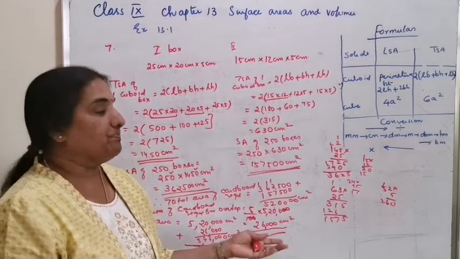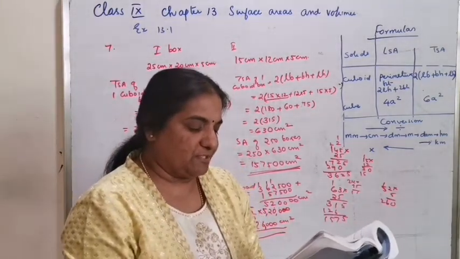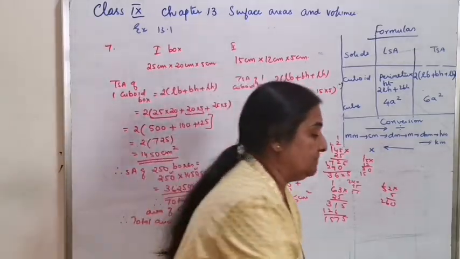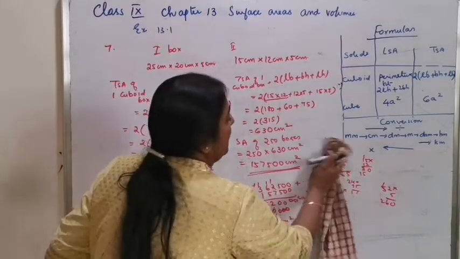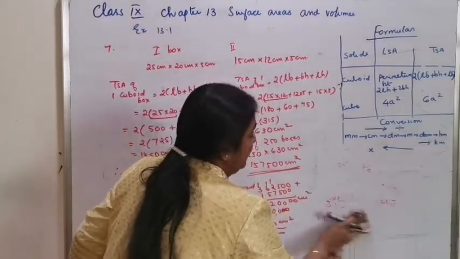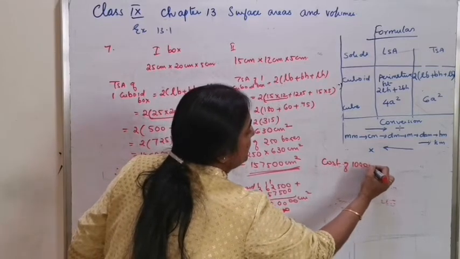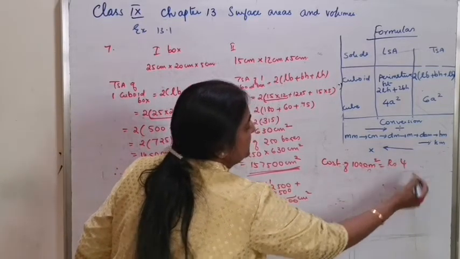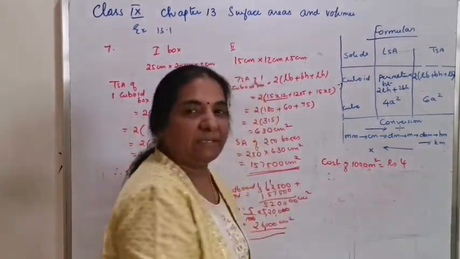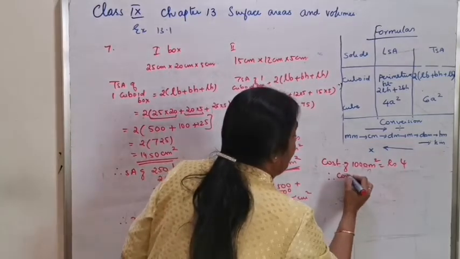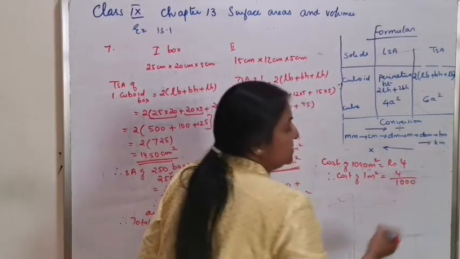Now, what is the cost of it? The cost of the cardboard is rupees 4 per 1000 centimeter square. What is the meaning of that? The cost of 1000 centimeter square is equal to rupees 4. Therefore, like the unitary method, the cost of 1 centimeter square is 4 by 1000.